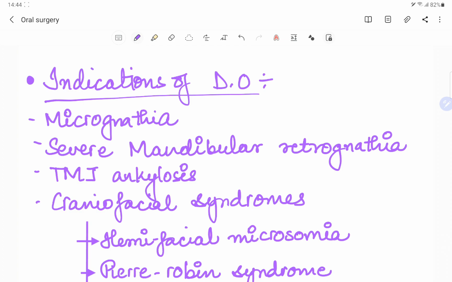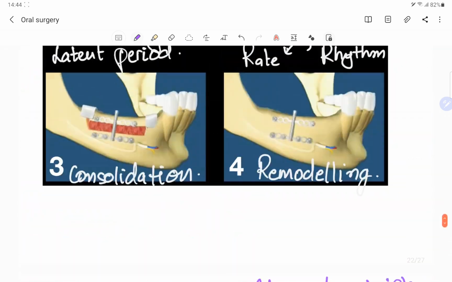And if we are going for bone grafting, that means we have to take bone from another part of the body. Say, suppose you are taking a costochondral graft, which we talked about in the case of the Kaban's protocol in the previous part of the lecture for TMJ ankylosis. So if you remember, I told you the Kaban protocol. Let me just show you, guys.